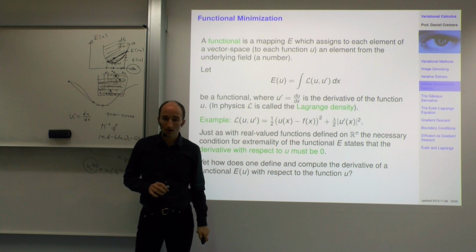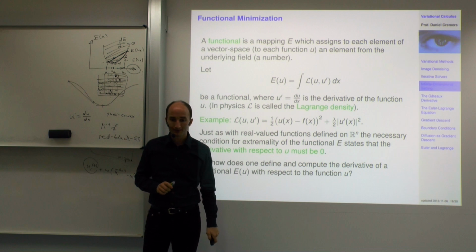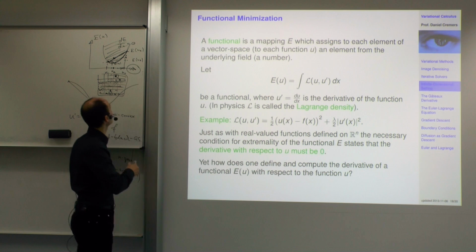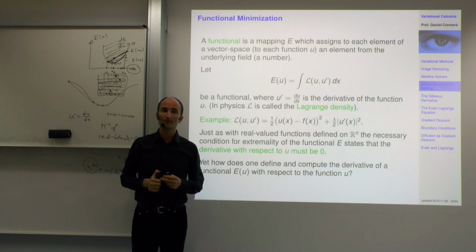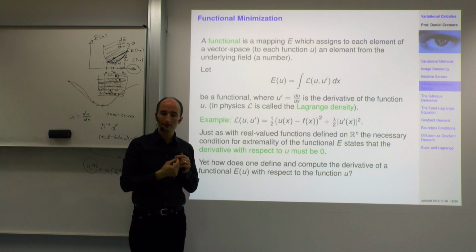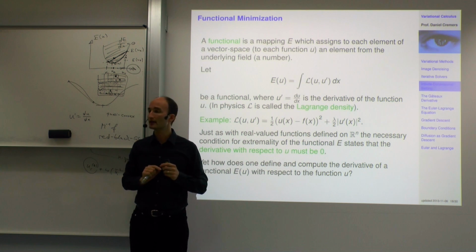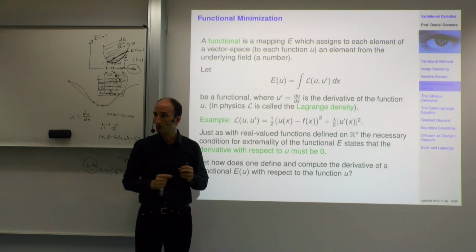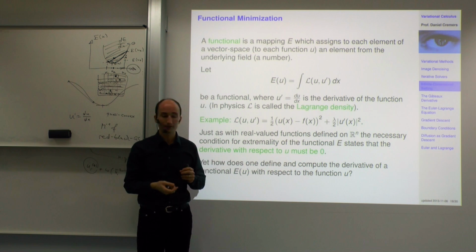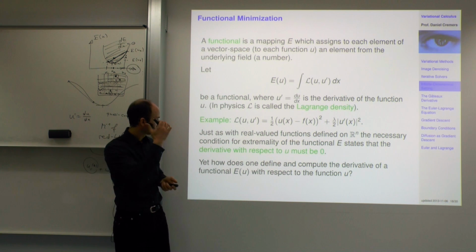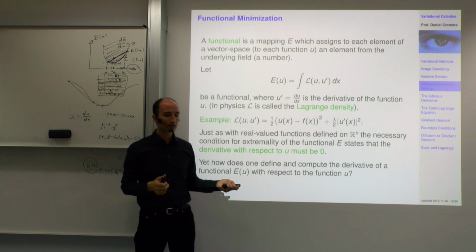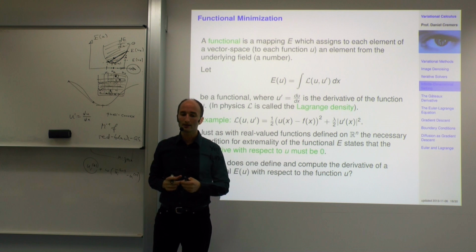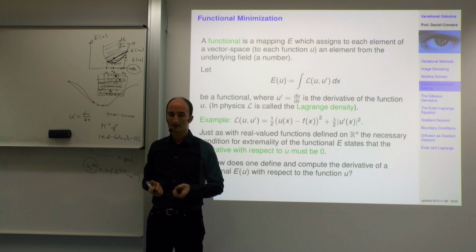Now we saw earlier that if we have this extremality principle, dE by du equals 0, in a vector space it actually implies that the derivative should be 0 in each direction. dE by du1, by du2, etc. should all be 0. The question is, what happens to this concept if we get into infinite dimensions?